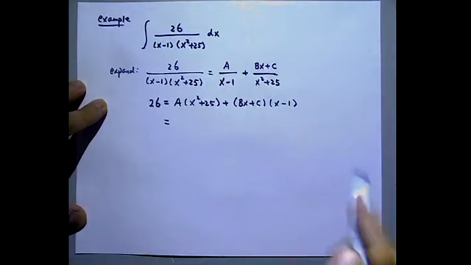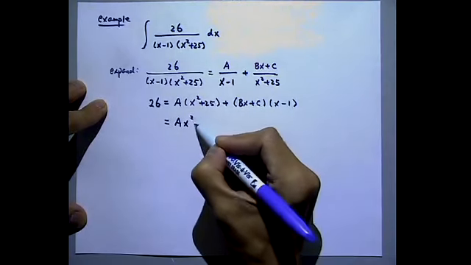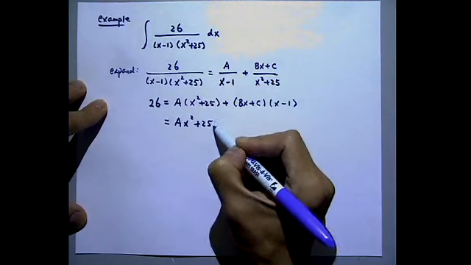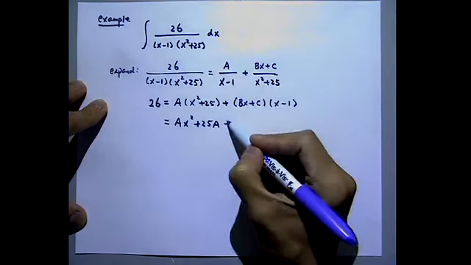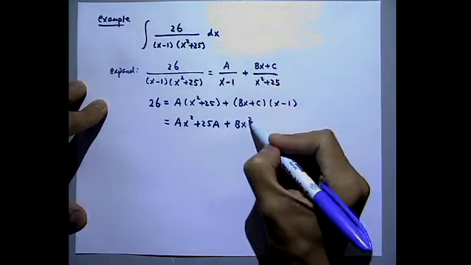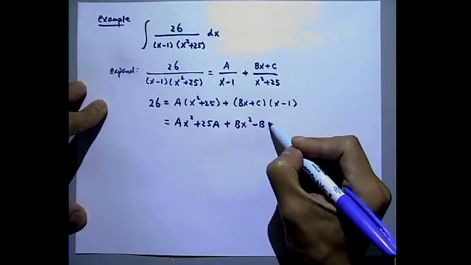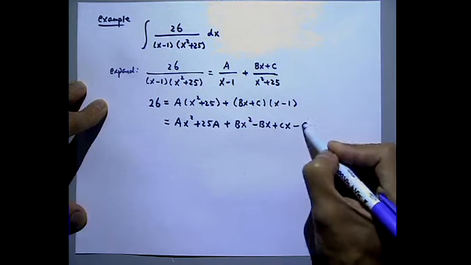Let's continue cleaning this up. We get Ax squared plus 25A plus Bx squared minus Bx plus Cx minus C.